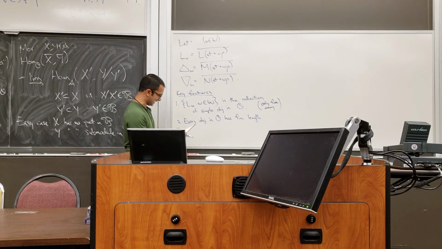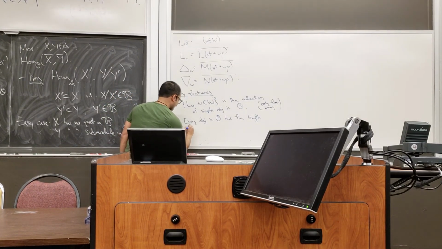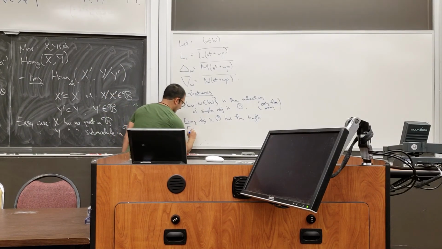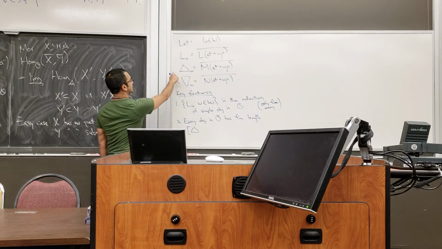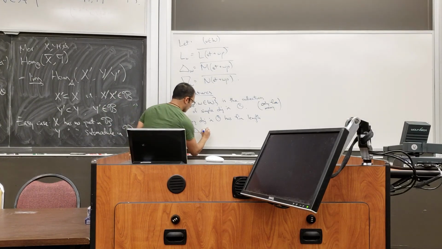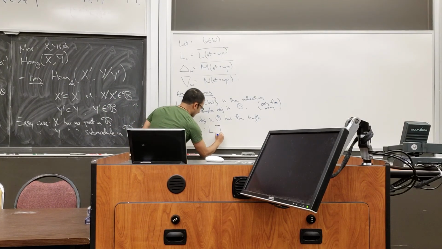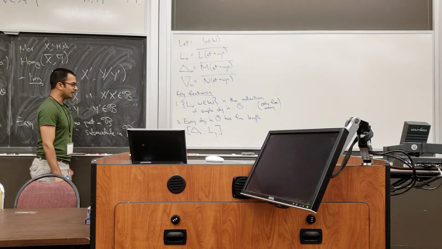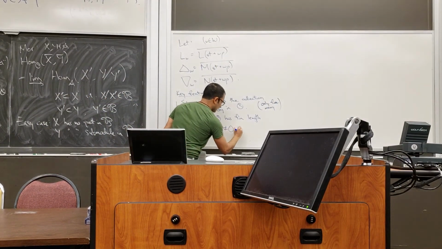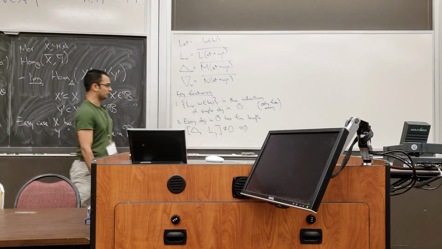Okay, every object in category O has finite length. And so it makes sense to ask about multiplicities. If you take one of these deltas, I'll call it X, and you look at the multiplicity of a simple object in it, if that's non-zero, then there's a constraint on what the labels can be.